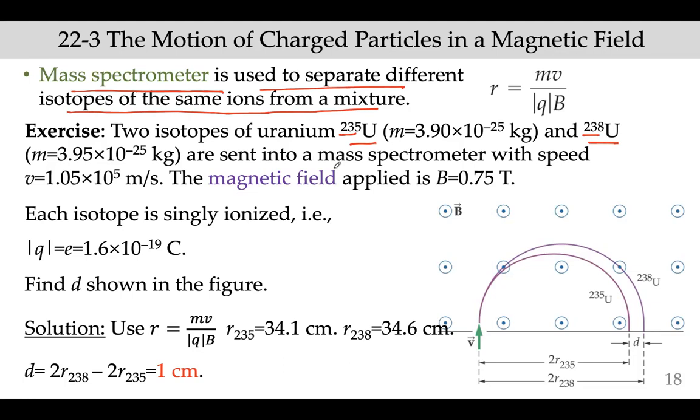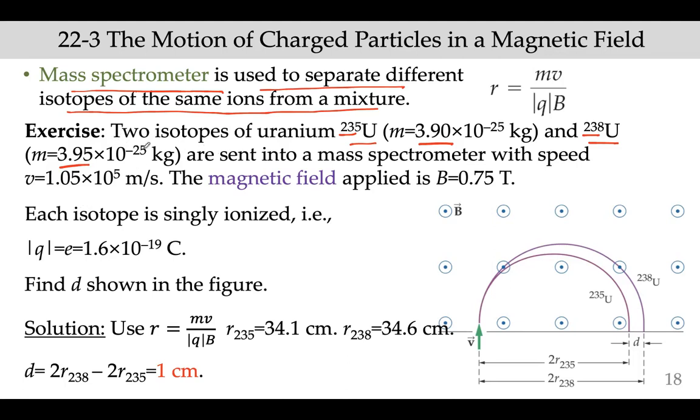What's the contribution of neutrons? They don't have any charge. The only contribution they have is the mass. So different isotopes are the same elements, but because of the neutron content, they have slightly different masses.